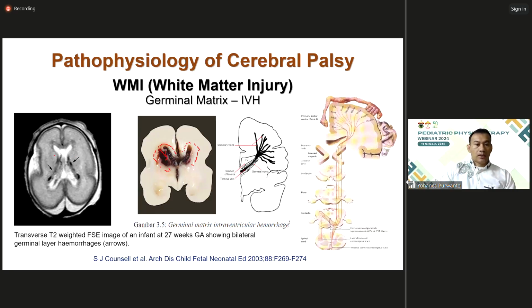So we can see here in the MRI a bleeding in the intraventricular area. So we call it germinal matrix intraventricular hemorrhage. This problem is also the same as periventricular leukomalacia. The most common form of cerebral palsy is cerebral palsy spastic diplegia.